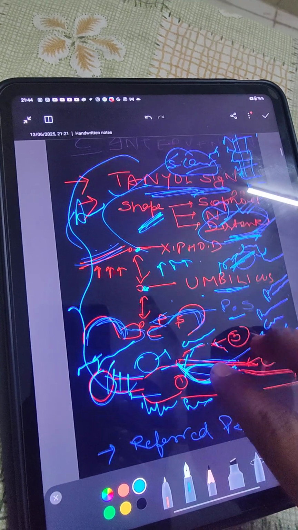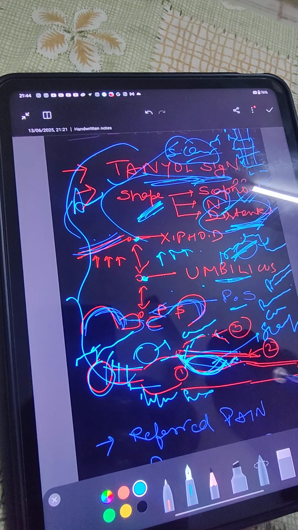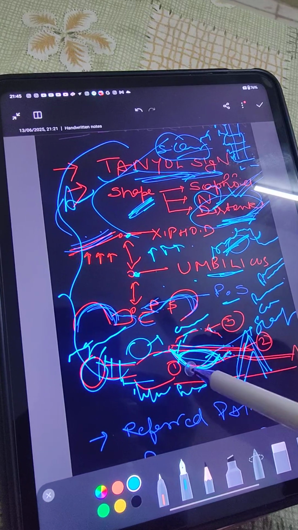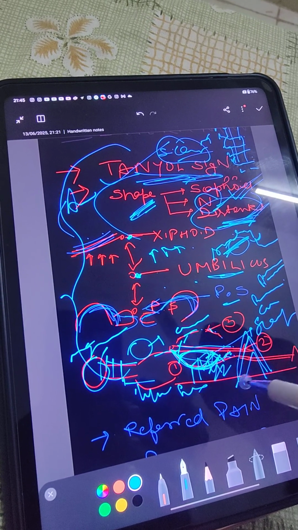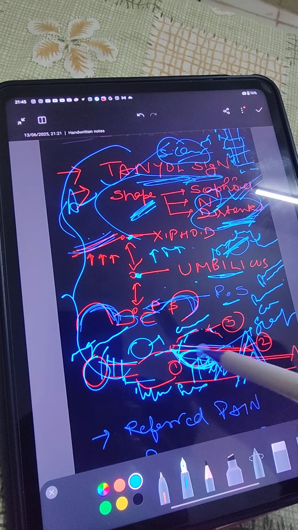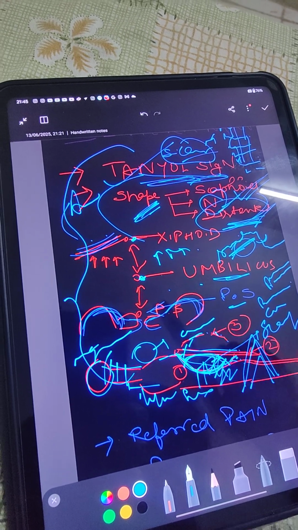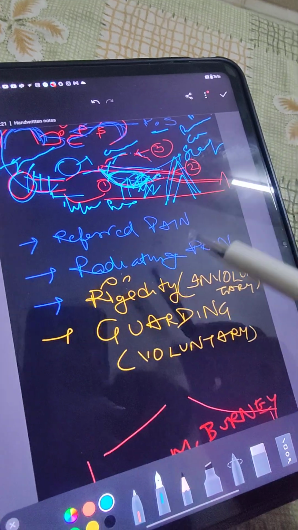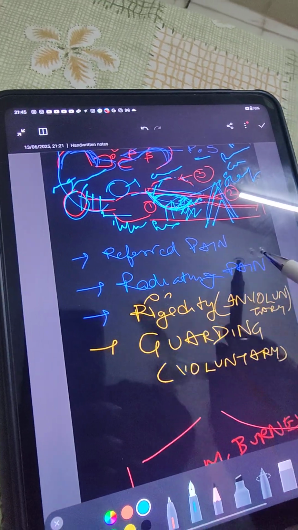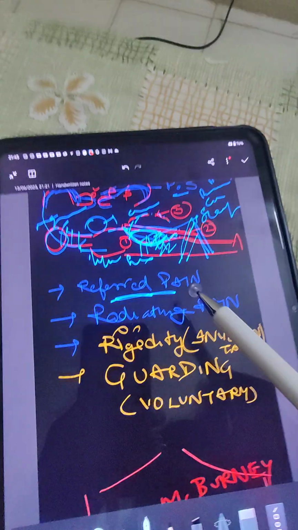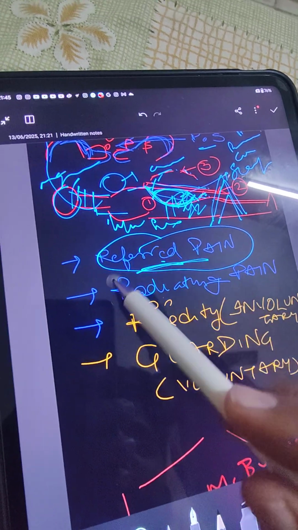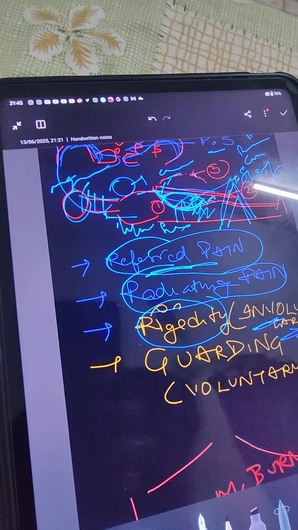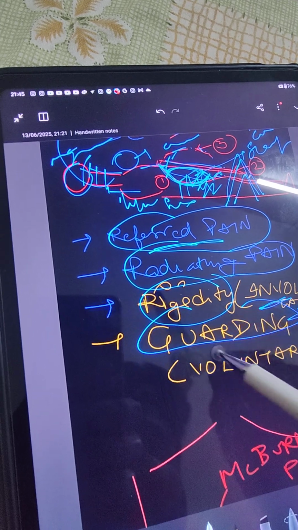Then after that we come to palpation. Palpation is done mainly in the knee flexed position. What happens then? The muscles will be relaxed, and we can easily palpate the abdominal organs or any other signs and symptoms. The main signs and symptoms we can find are referred pain, radiating pain, and rigidity. Rigidity is the involuntary action, and guarding is voluntary.